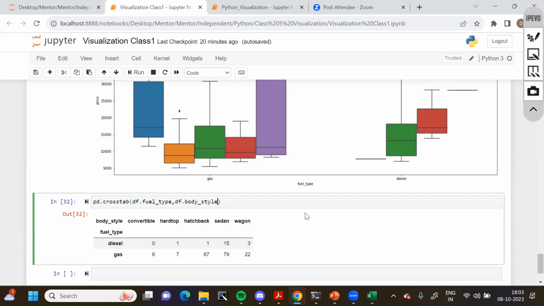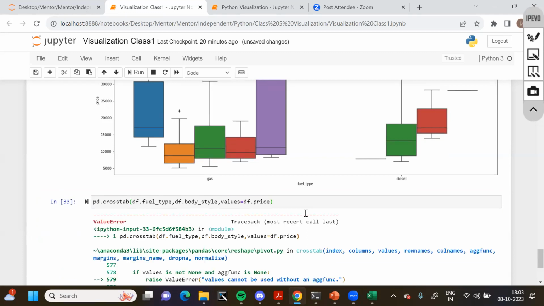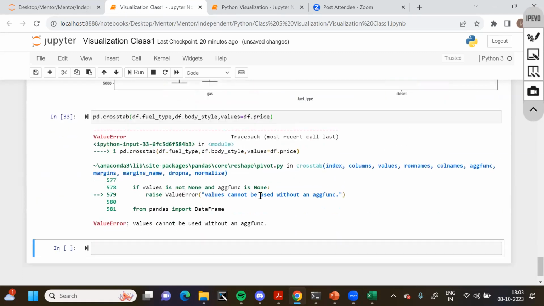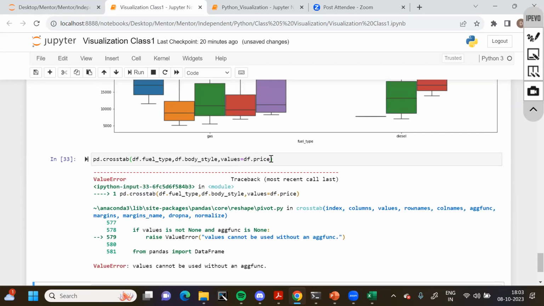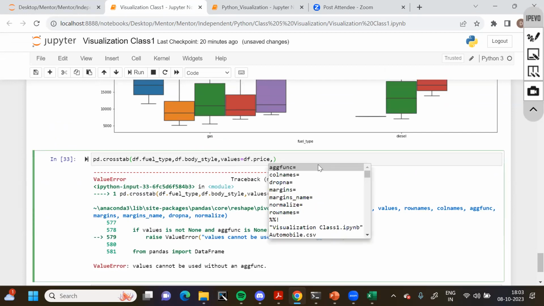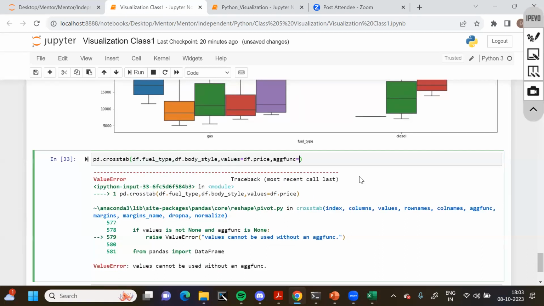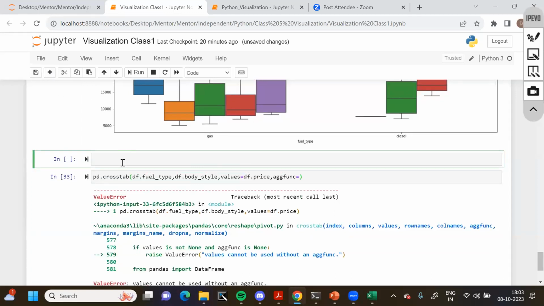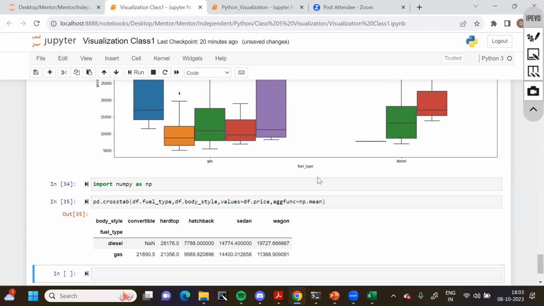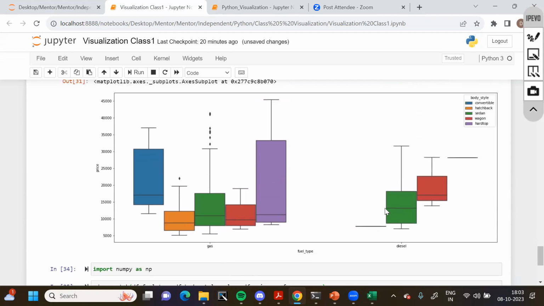Okay, so one second. Right now I'm checking that, because I don't know what this is.